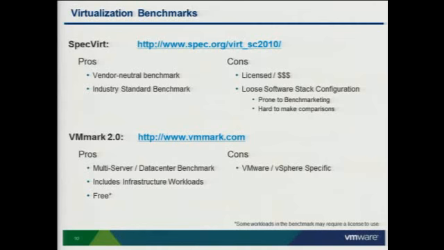It's free, however, with the little star there. VMware provides VMmark in the test harness for free. However, some of the tools like Exchange, Windows licenses, those types of things would have to be procured by you guys. And then the cons, however, is that it is VMware specific. So you're not going to be able to use VMware's VMmark to benchmark other people's hypervisors.